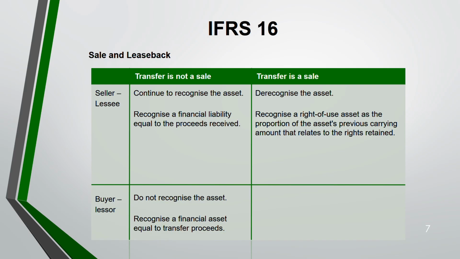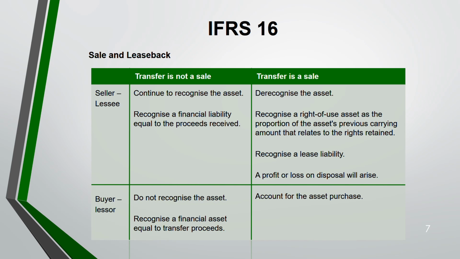You will only recognize the rights that you have retained. Recognize a lease liability, not a financial liability, because it's a sale. Now you have taken a lease, so it's a lease liability for you. And because it's a sale, profit and loss will come. So that profit or loss will arise on disposal.